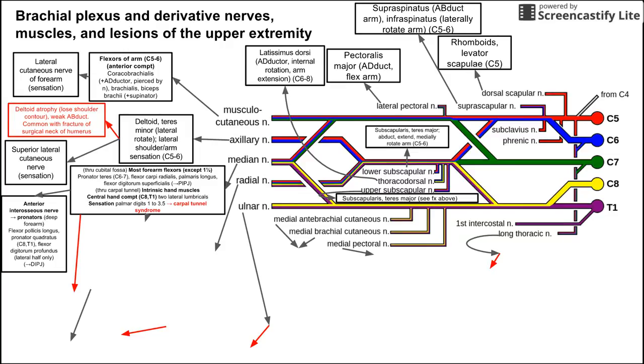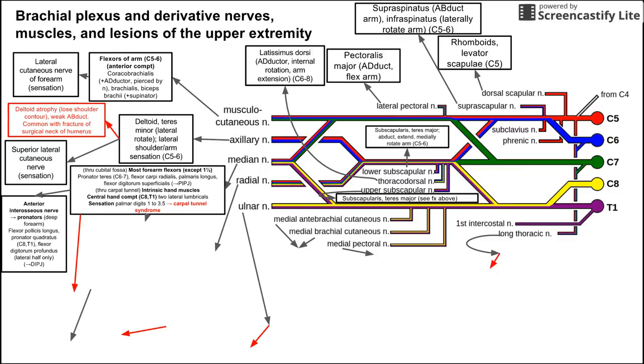Now, the flexor digitorum profundus is similar to the flexor digitorum superficialis, but this one inserts into the DIPJ. DIPJ is the distal interphalangeal joint. And again, if you look at the bending of your fingers, the distal interphalangeal joint is the first bend of your fingers, and the flexor digitorum profundus is responsible for flexion at this joint.